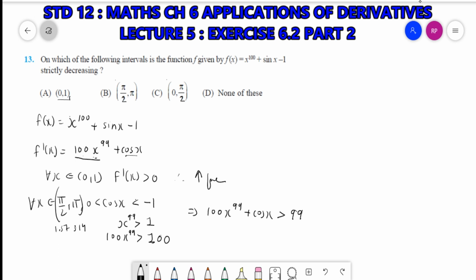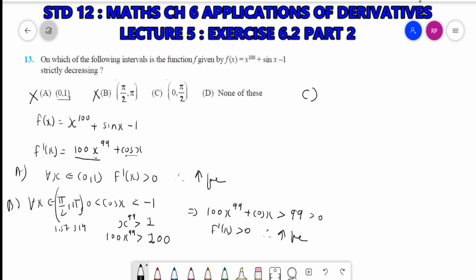Because the minimum value of cos x is minus 1, and 100x^99 is always greater than 100. So f'(x) is greater than 0, so increasing function. Clear? So for option A, no, it is not decreasing. B, no, it is not decreasing.